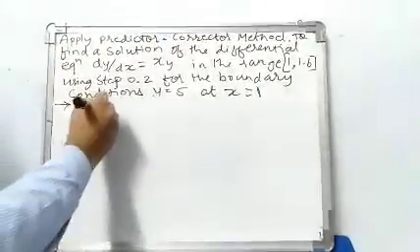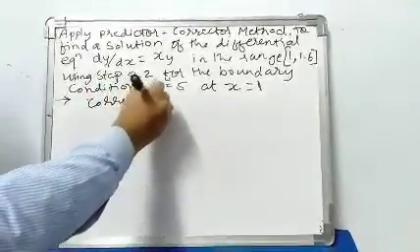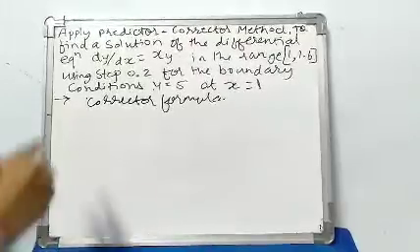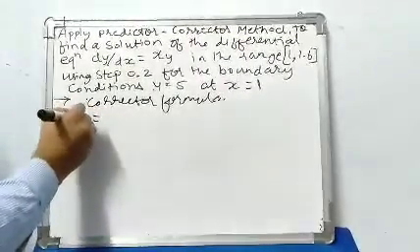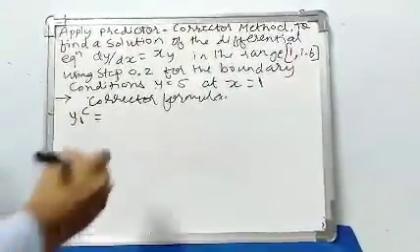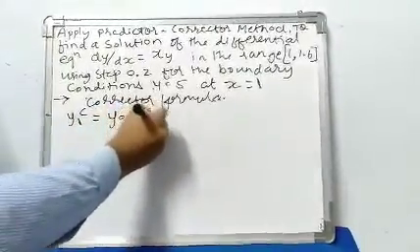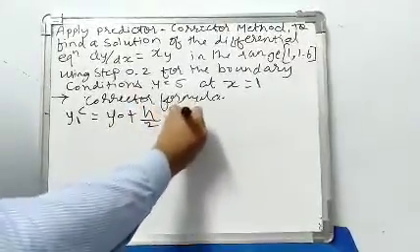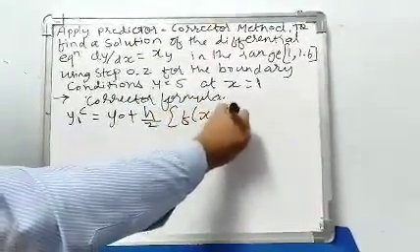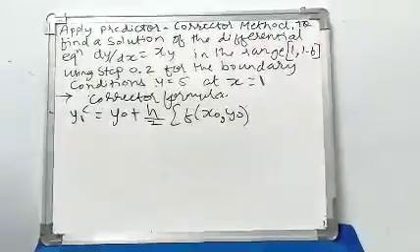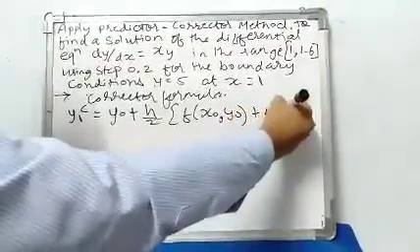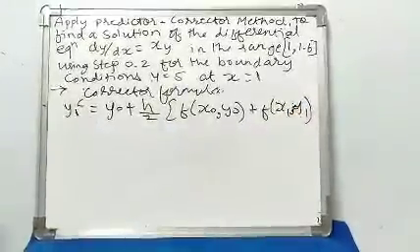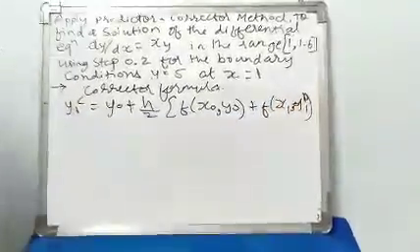Now apply the corrector method using the corrector formula. That is y1c is equal to y0 plus h by 2 times f of x0 comma y0 plus f of x1 comma y1p.